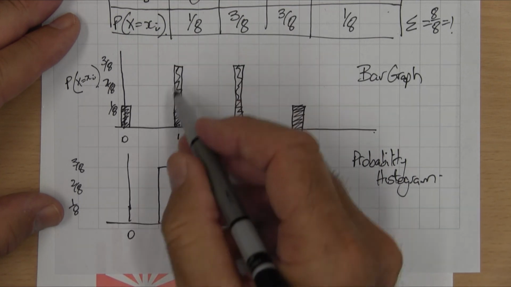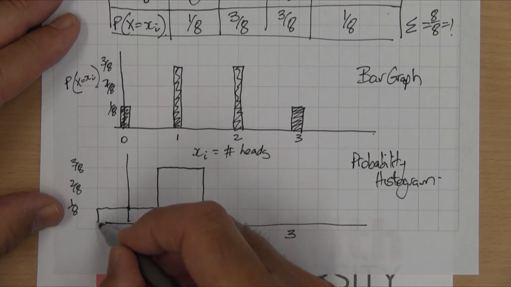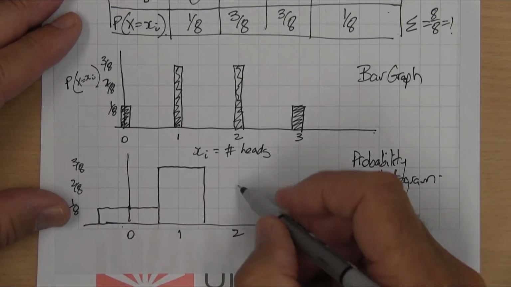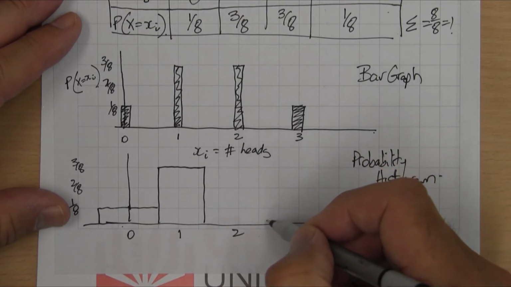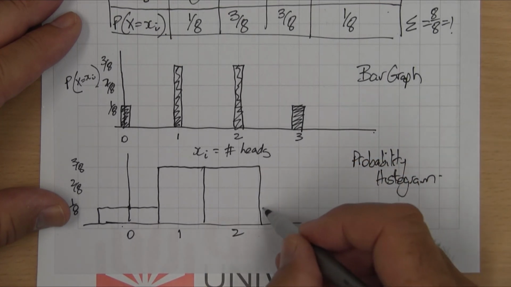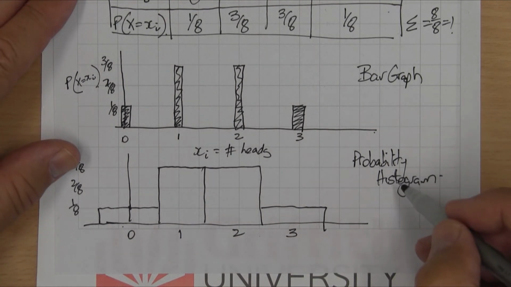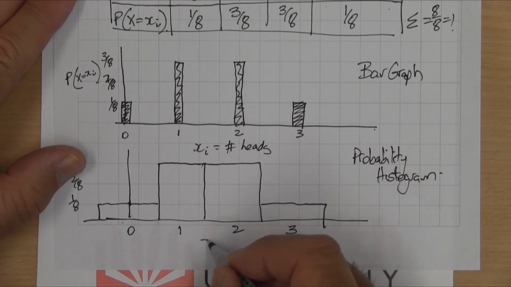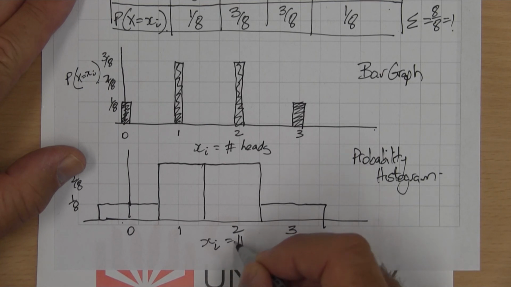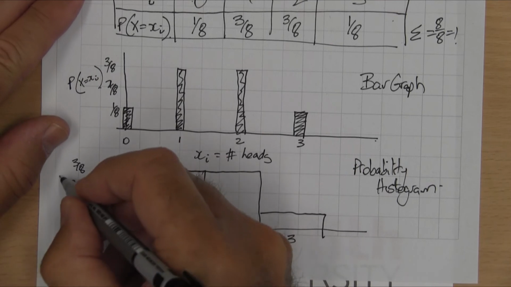So there's 1, which is 3 on 8. This one here is 1 on 8. And 2 on 8 is the same. And 3 on 8. Okay, so we put our labels on our axes. And over here we've got probability.